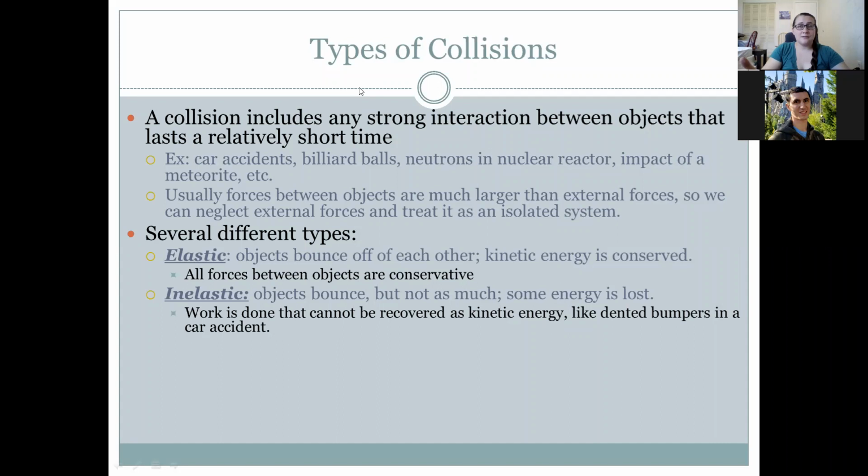The force did work to cave in those bumpers, and they'll stay caved in. They won't give that energy back. That is an example of an inelastic collision. In those cases, momentum is conserved, but energy is not.